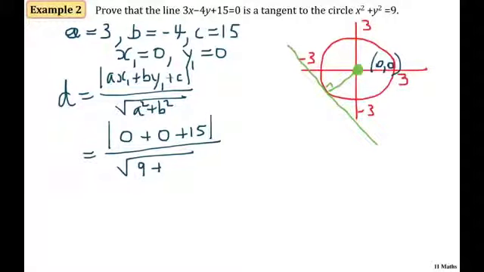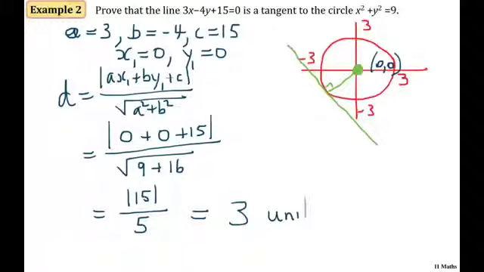plus b squared, minus 4 times minus 4 is 16, which leaves me with the absolute value of 15 over the square root of 25, which is 5. The absolute value of 15 is 15, and 15 over 5 is 3. So, the distance from the point 0, 0 to the line is 3 units.